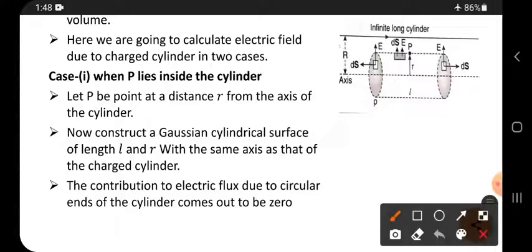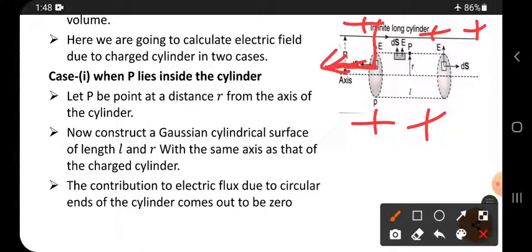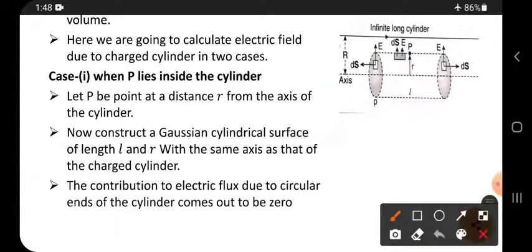But charges are placed along the curved side, so the electric field is along this side, and ds is along this side. The angle between these two must be 90 degrees. So when these two are perpendicular to each other, the flux must be 0.